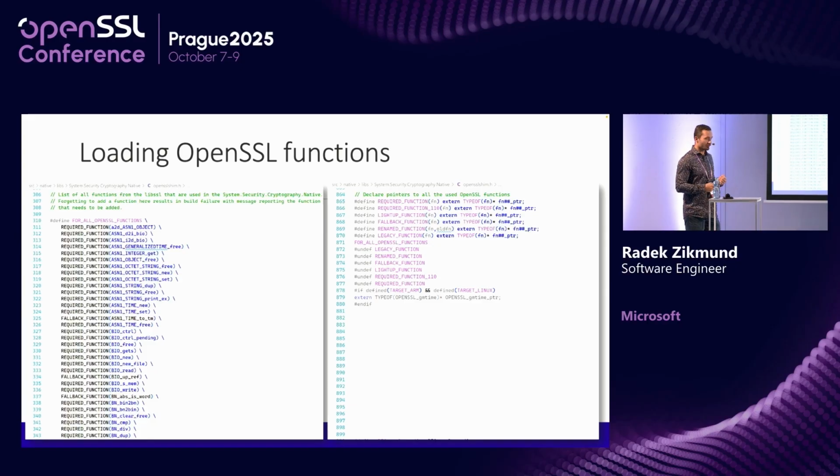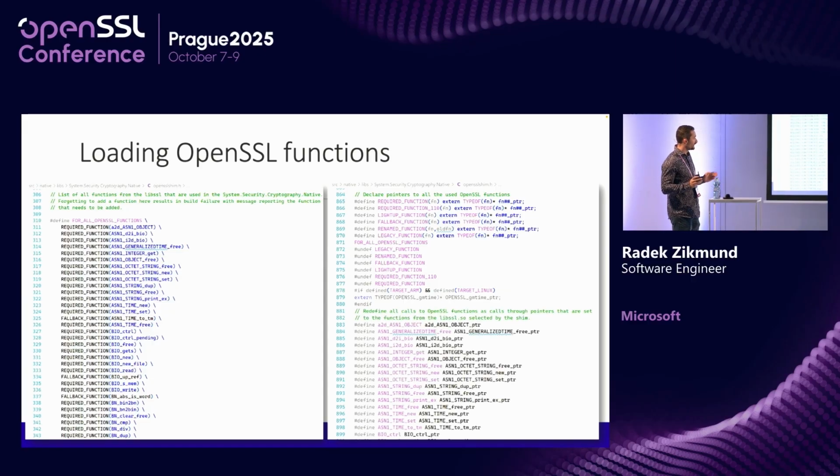And then we do some macro magic to define some external pointers. So for example, with ASN1 D2I bio, this piece of code will define ASN1 D2I bio underscore PTR. And that's where we would eventually load the function pointer, and through that function pointer we would be invoking those functions.